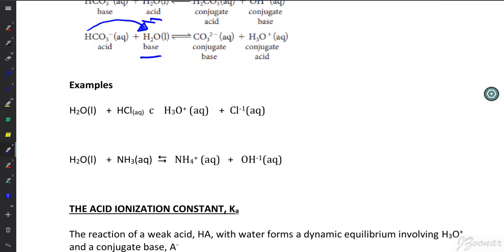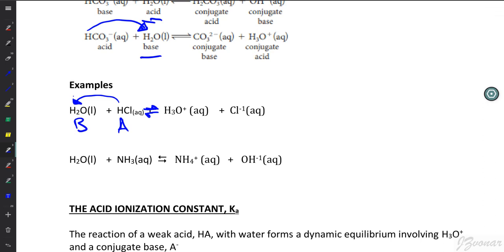All right, so here are some other examples. There's an error here. Sorry, it should be properly written here. So if we look to this example, we've got H2O plus HCl. So it's the HCl that's donating the hydrogen ion to the water. So this is my acid, hence this is my base.